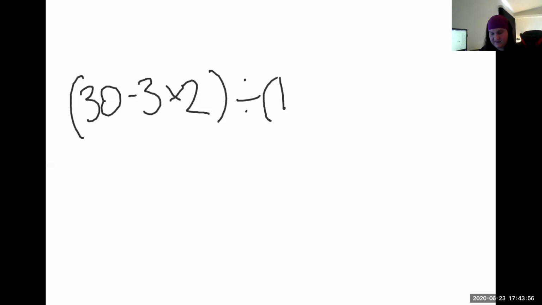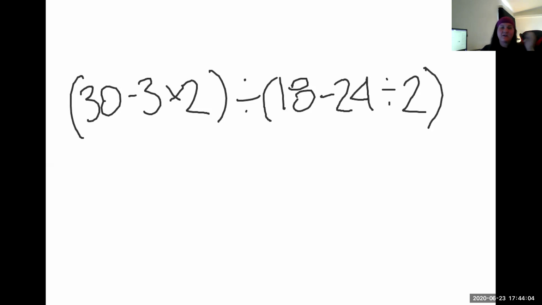30 minus 3 times 2 divided by 18 minus 24 divided by 2. Okay, so we're going to do PEMDAS within the parentheses. There's no parentheses within this.